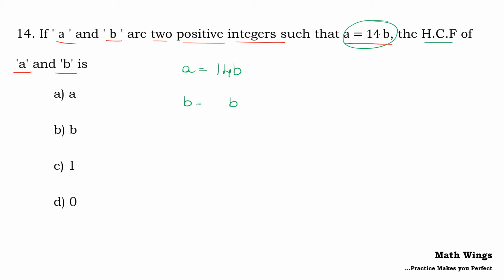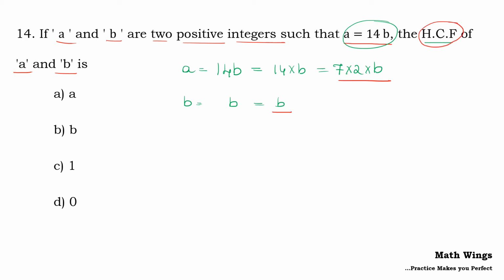So if you observe the prime factors of A and B, we can write 14 into B and B over here. This 14 can also be further simplified as 7 into 2 into B. So if you look at the prime factors of A and prime factors of B, here we have asked to find the HCF.